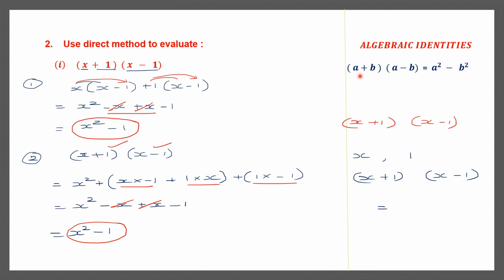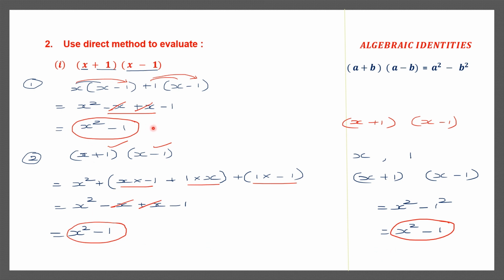A squared is the first term, b squared is the second term. So here what is the first term? X square. And what is the second term? 1. So that is x square minus 1 square. So as you can see, we have got the answer directly. X square is x square, 1 square is 1. So here we have got the answer, and this is the same as this answer and this answer.